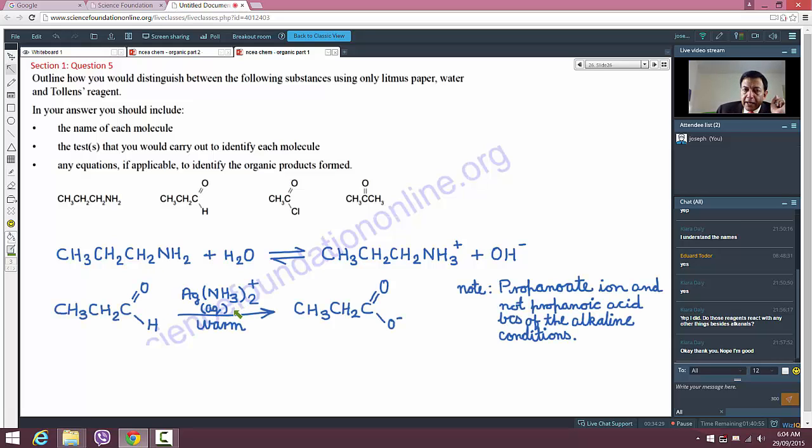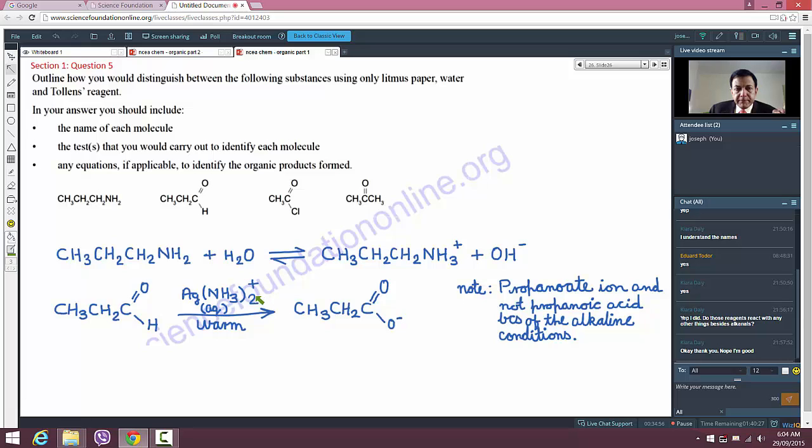Now here's the silver diamine test reaction. I told you it's capable of oxidizing an alkanal to an alkanoic acid. However, these conditions are alkaline. So under the alkaline conditions, you end up not with the alkanoic acid, but its conjugate base, the propanoate ion and not propanoic acid.